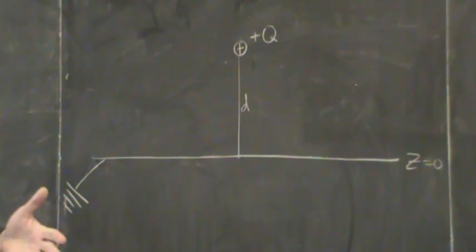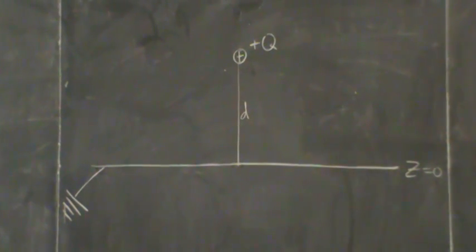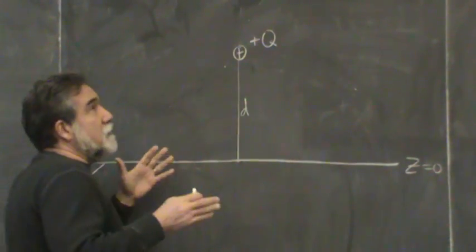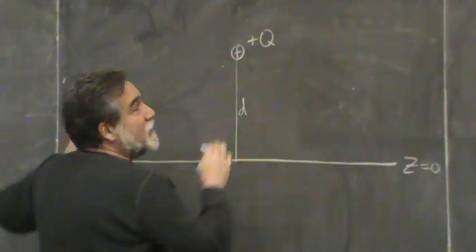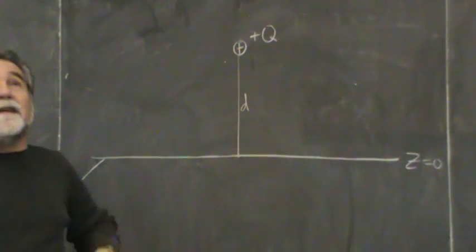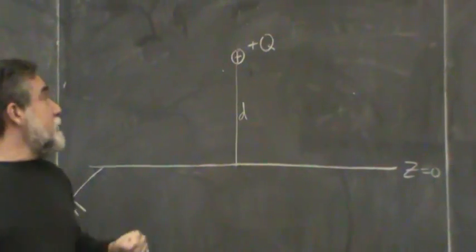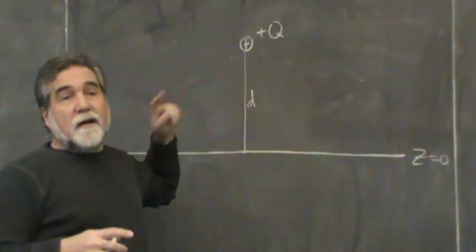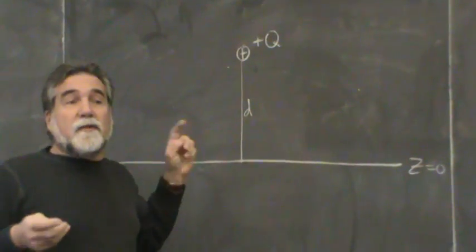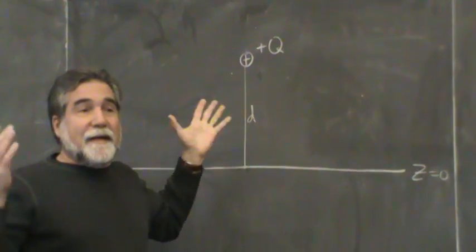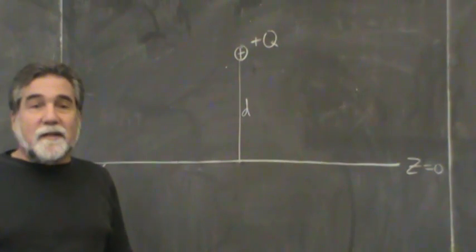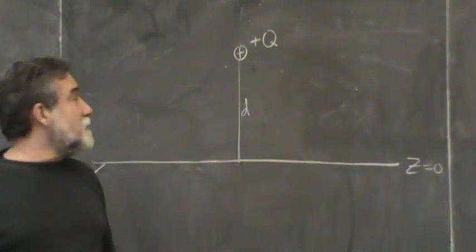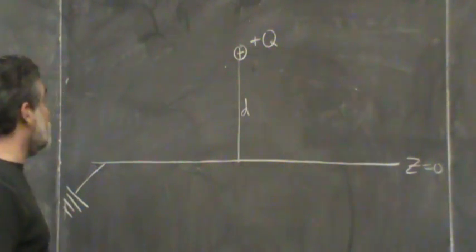Well, this could potentially be quite a complicated problem if you just look at it and say, okay, now what I'm going to do is find the potential by summing up where all the charges are in the problem, and then I'm done. You write down that equation that we wrote before for the potential from every charge in the problem.